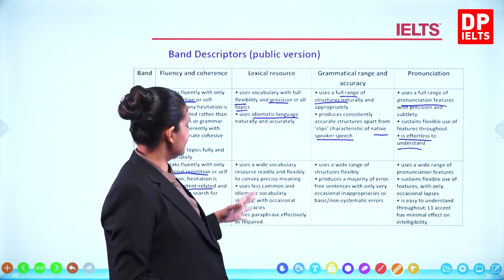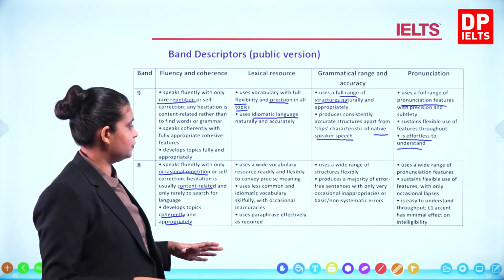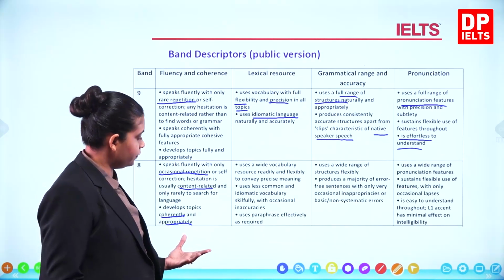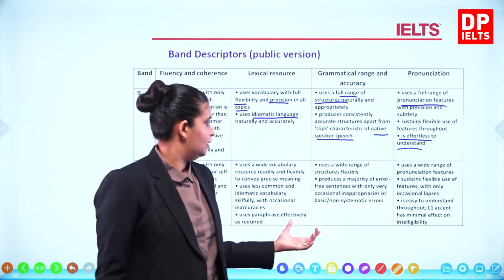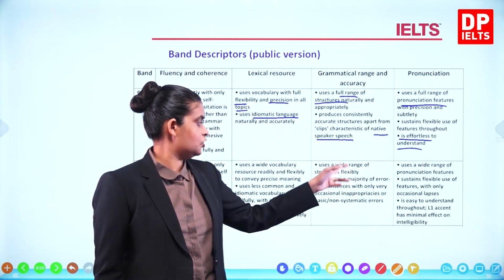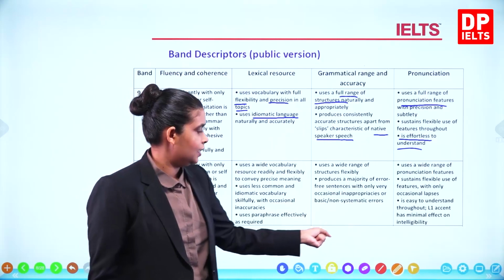Next one is lexical resource, right? Where you use a wide range of vocabulary and you use less common idiomatic vocabulary, and you can paraphrase well. Grammar as well, you use a wide range, not full range, but a wide range, and you produce the majority of the sentences error-free.